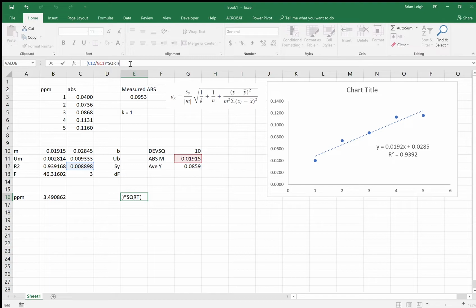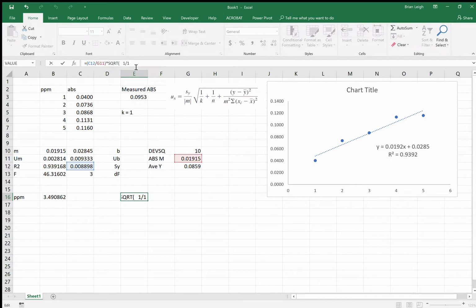Okay, so I'm going to add in some spaces here just so it's a little more clear. So our first term is 1 over k, and 1 over k is the number of times this absolute value was measured, this unknown. And since we really only measured it once here, the k for this value is 1.